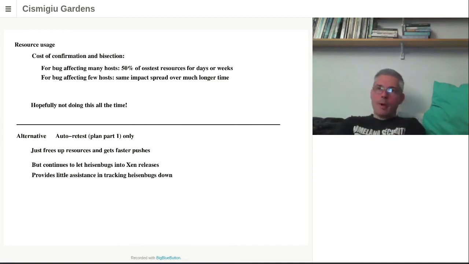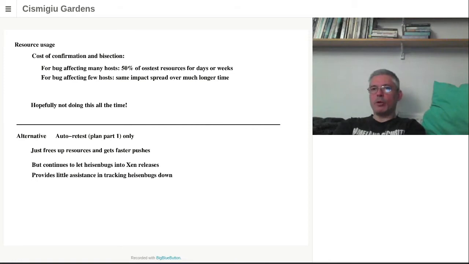So for a bug affecting many or most of the hosts in the system, if you introduce such a Heisenbug, it will probably take about half of osstest resources for a matter of days or weeks to confirm that that was indeed a Heisenbug. Of course, if the bug is fixed in the meantime, then that work can be abandoned.